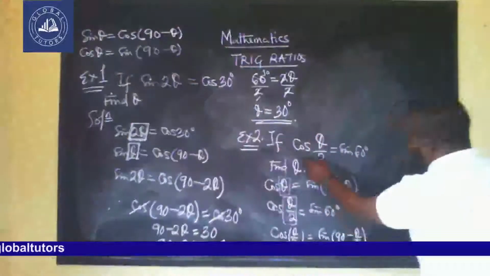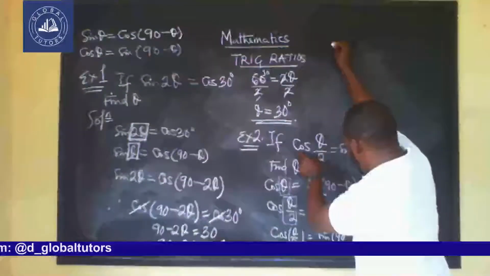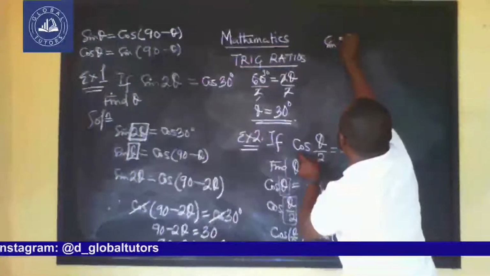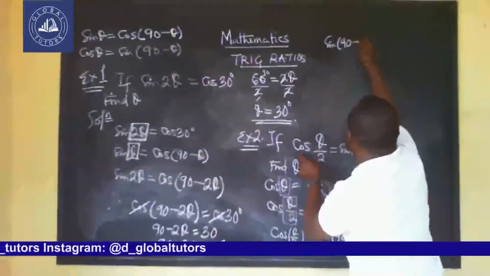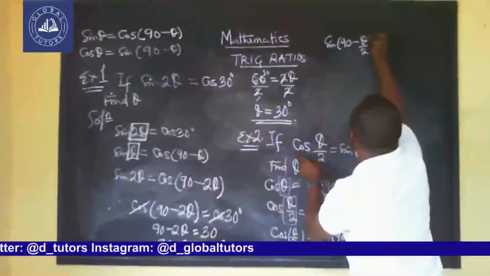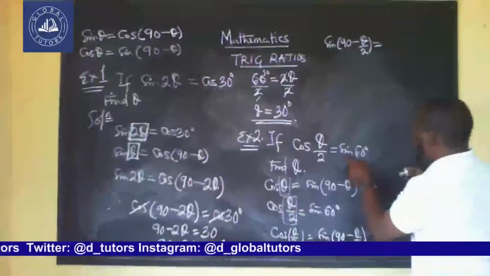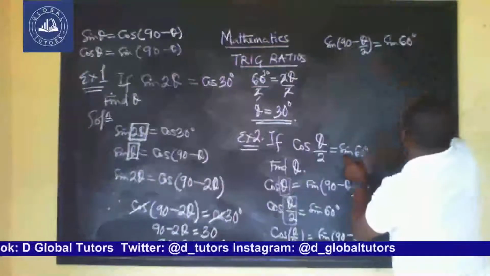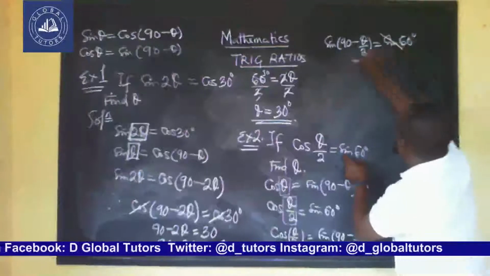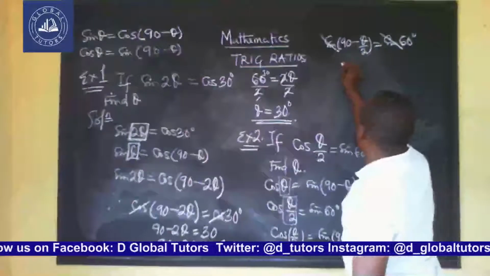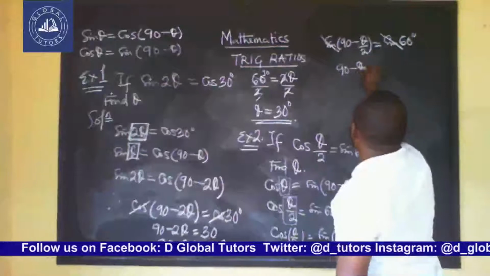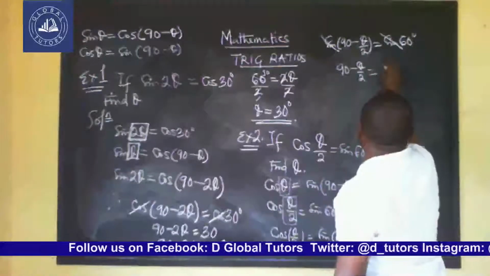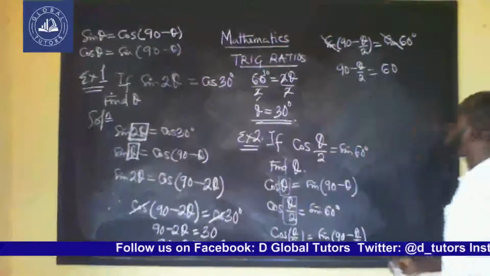So I go back to the question. So I have sine 90 minus theta over 2 equals sine 60 degrees. Sine. So I'm left with 90 minus theta over 2 equals 60.